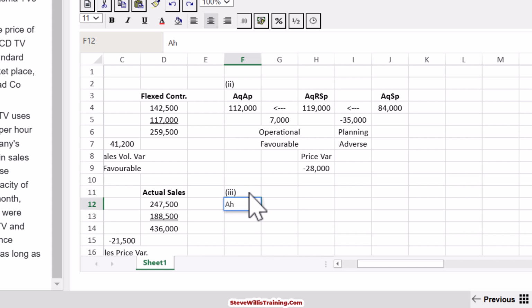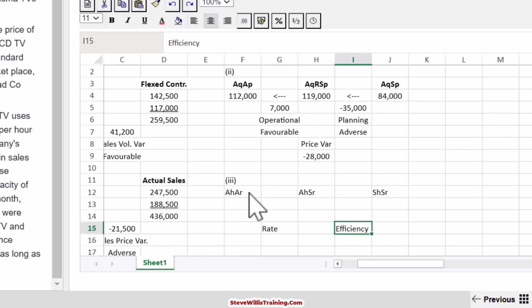Actual hours, actual rate, actual hours, standard rate, standard hours, standard rate. What changes between these two? The rate, so I know that this side is the rate variance. This side would then be the efficiency variance.